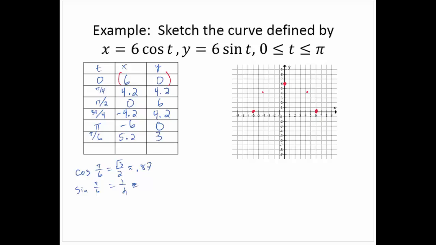So when t is pi over 6, we would have another point, 5.2 and 3. That would be about here. And similarly, if we were to look at 5 pi over 6, we would get negative 5.2 and 3.